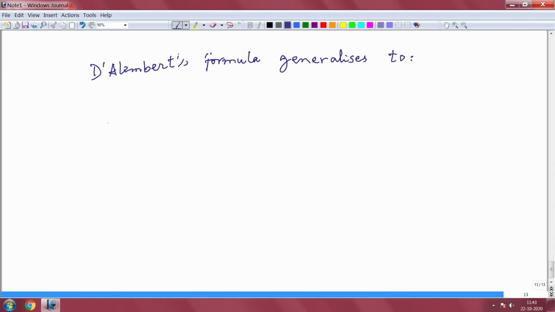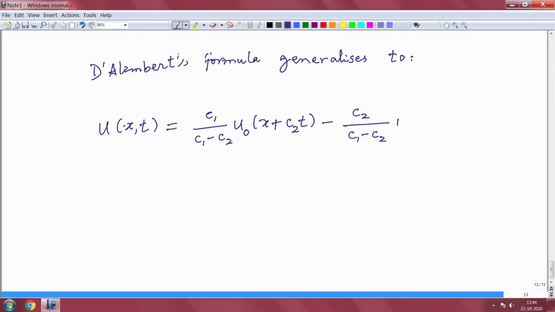So, let me write down the solution. u(x, t) is equal to C1 by C1 minus C2, it is very similar to D'Alembert's formula, u0 of x plus C2t, minus C2 by C1 minus C2 u0 of x plus C1t.